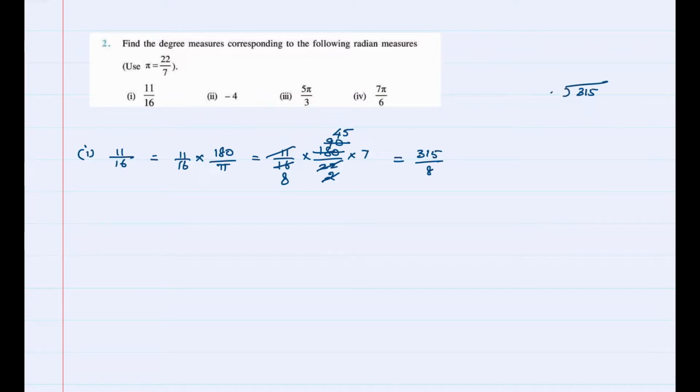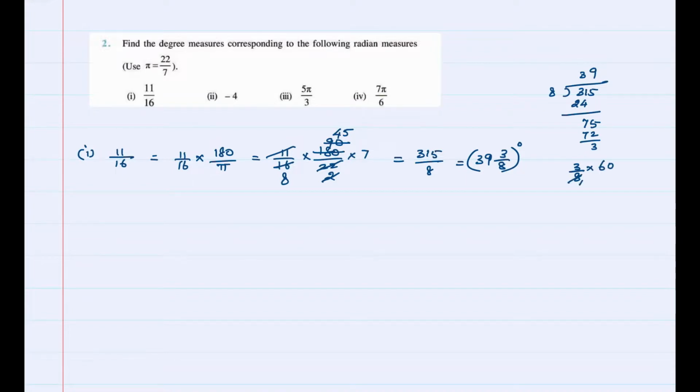315 divided by 8: 3 8s are 24, 75, 9 8s are 72 and 3. We can write this as 39 and 3 over 8 degrees. To convert 3 by 8 degrees, we will multiply by 60 because 1 degree is 60 minutes.